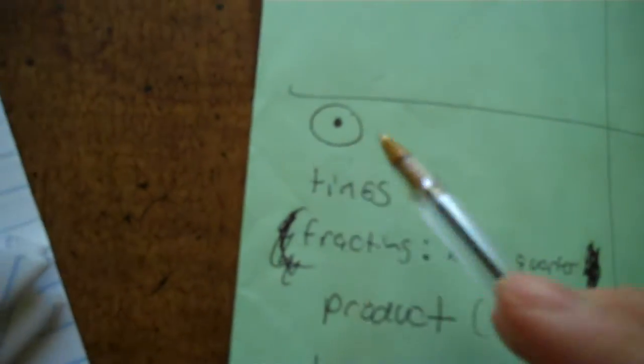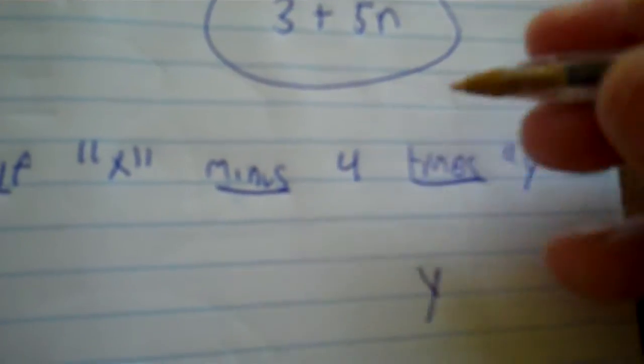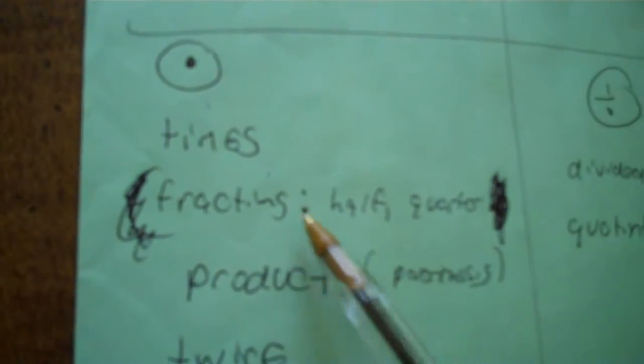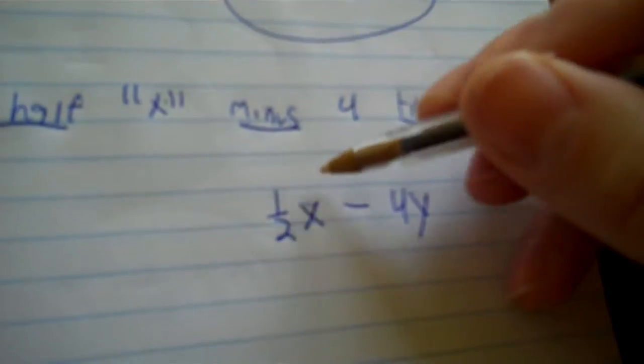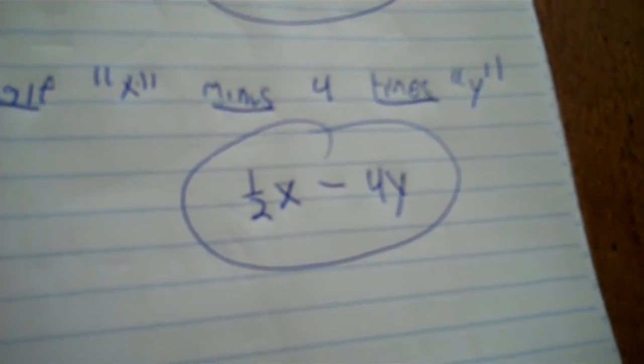Times means multiply, obviously. Don't put the dot, just put the 4 in front of it. Minus, and then x. And then 1/2, again, fractions like a half, a quarter mean multiply, so just put a 1/2 in front of the x. 1/2 x minus 4y.